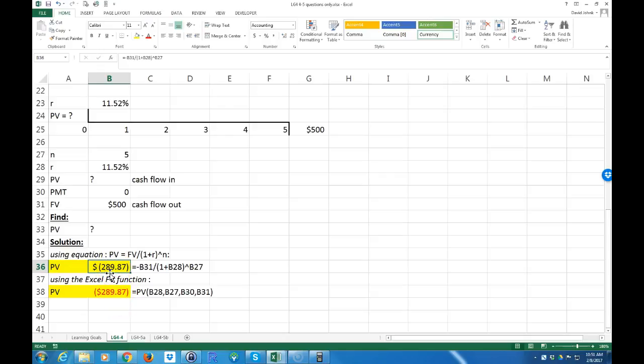Now, what did I do wrong? I probably should have put this. I should have made this negative, right? Okay, so now that comes out. Alright, so yeah, since all this is relative, all I had to do is make sure these are pointing to the right place, because it's pointing to here now. As long as these are pointing to the right places, it's going to calculate it out for you.